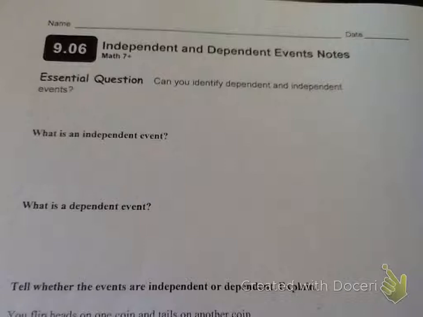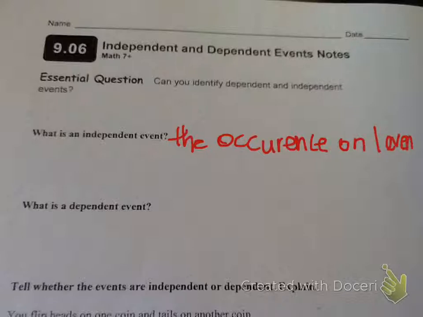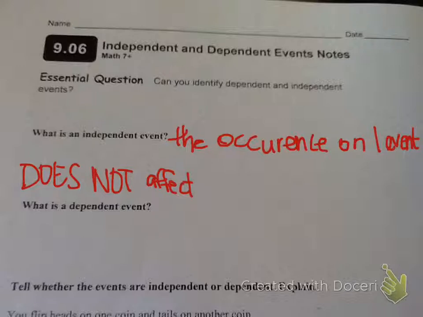An independent event is the occurrence of one event that does not affect the next event.